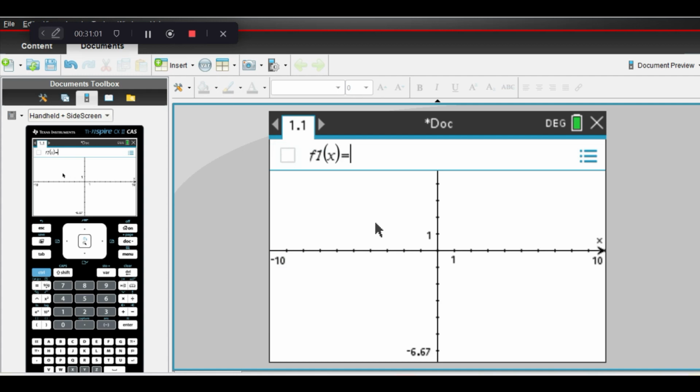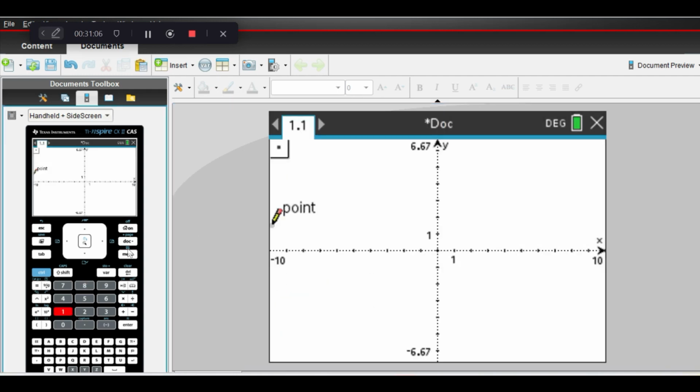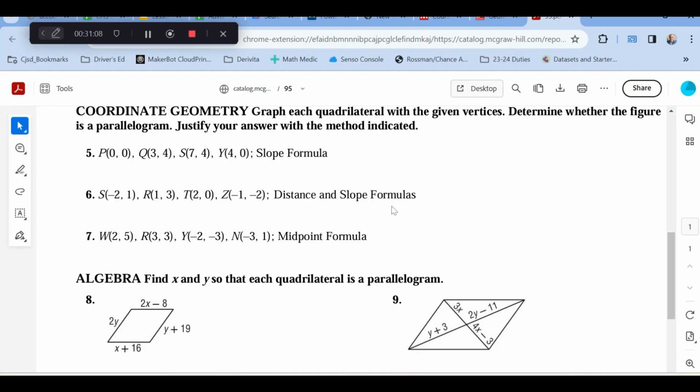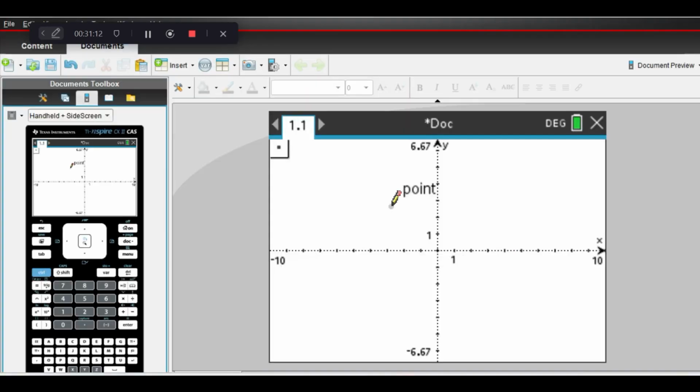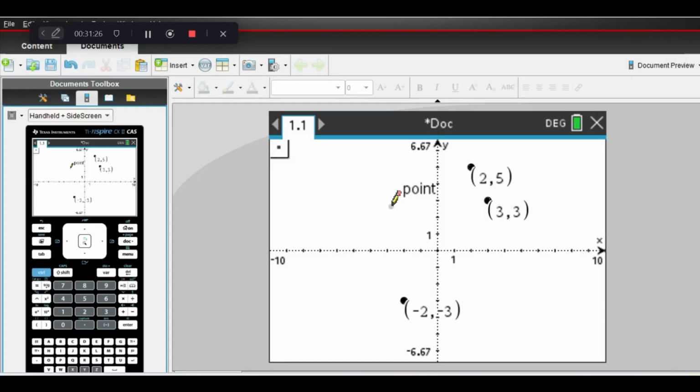You get a graph page, menu, geometry, points and lines, point. And I'm going to plot these points that they gave me for number 7, which is 2, 5, and 3, 3, and -2, -3, and -3, 1.